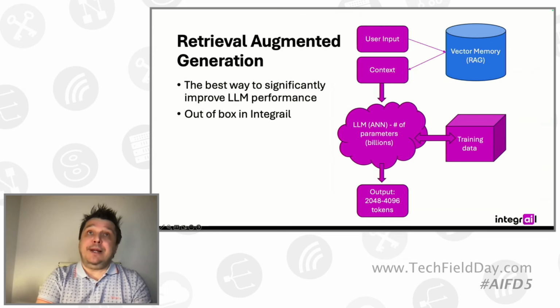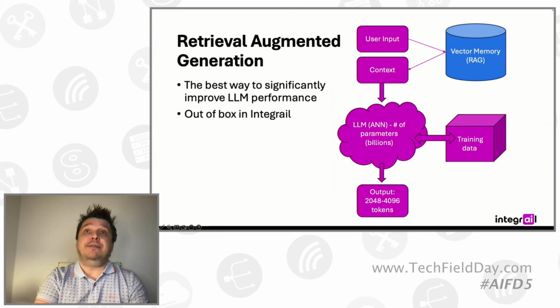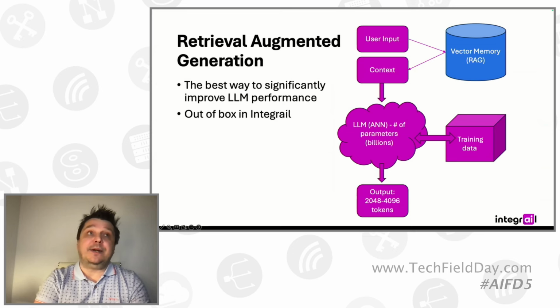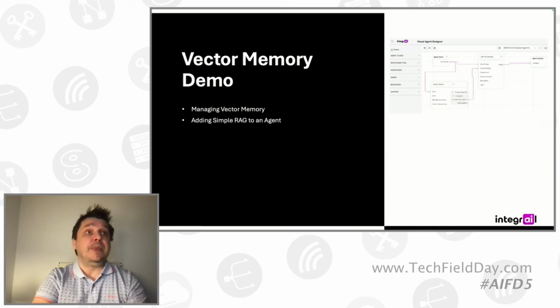If you do such a trick, then the responses it provides are accurate. It does not hallucinate. It just takes the relevant information. It understands, so to say, the user's request and is able to provide a good response. So RAG is a must-have for any good AI agent, and that is the functionality that we have out of the box in Integrail. So let's have another real quick demo.